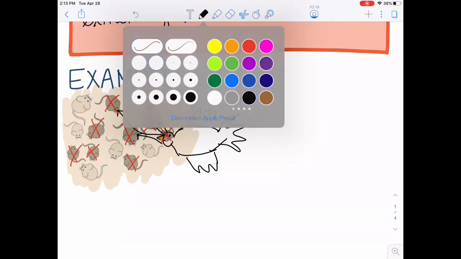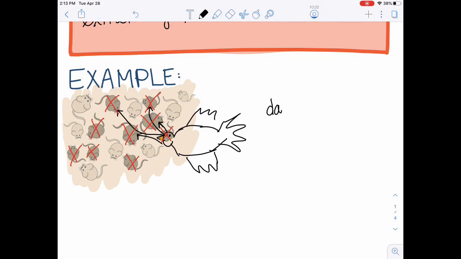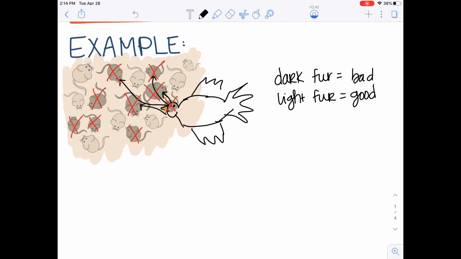It's important to note here that in this one case, it would seem that dark fur would be a bad trait and that light fur would be a good trait. But that is very, very dependent on the environment. Next spring, it could be completely opposite, or even at the end of the summer. Maybe some dark fur mice do survive that long, and maybe their habitat has changed just enough to give them an advantage.